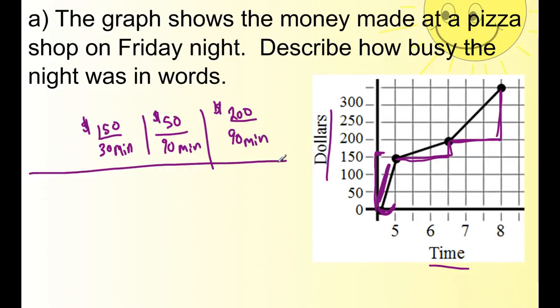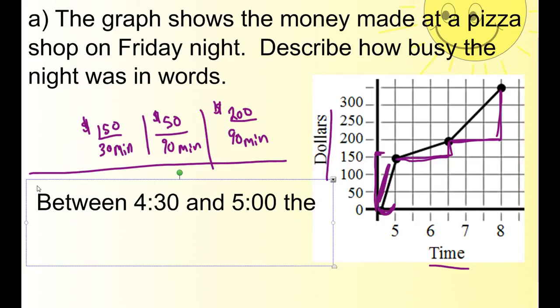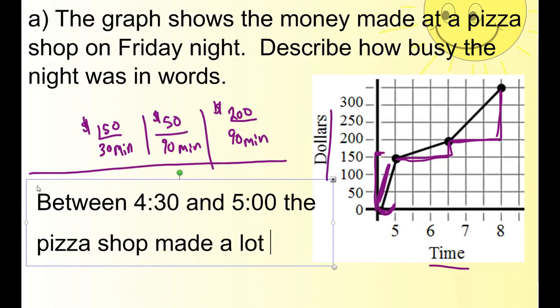All right. My typing is probably going to be quicker than my writing, so let's type here. So between 4:30 and 5 o'clock, what happened? Well, between 4:30 and 5 o'clock, the pizza shop made a lot of money quickly.